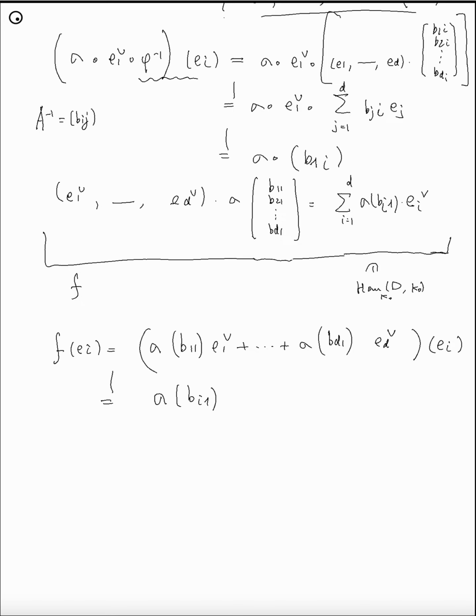The only one, J equals 1, and so it's left with sigma B1I. Well, on the other hand, we have this, with the same matrix sigma A inverse.